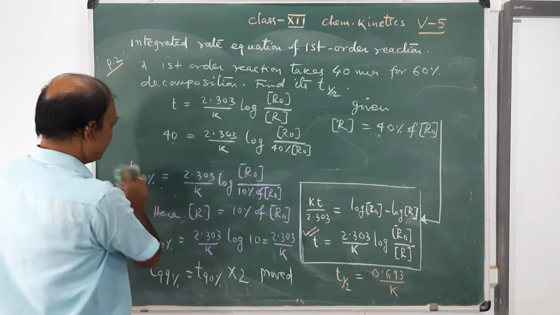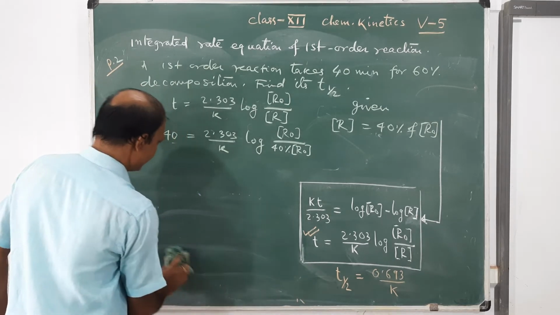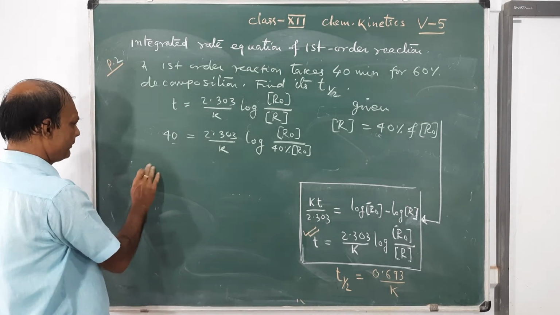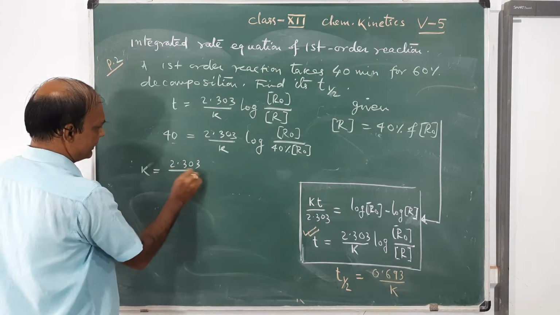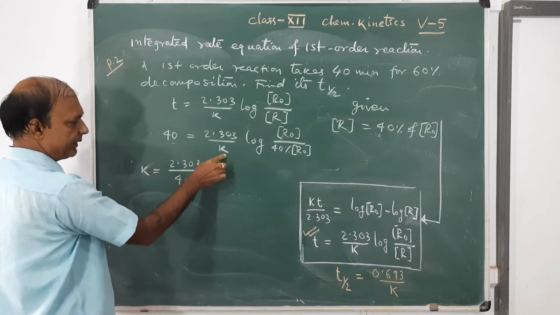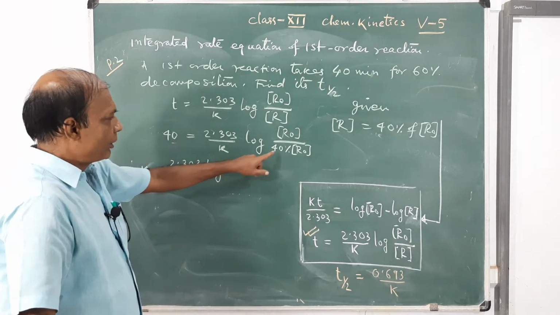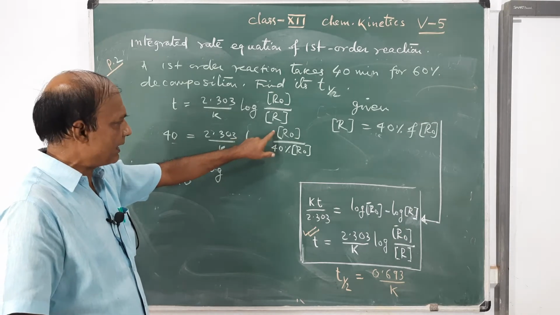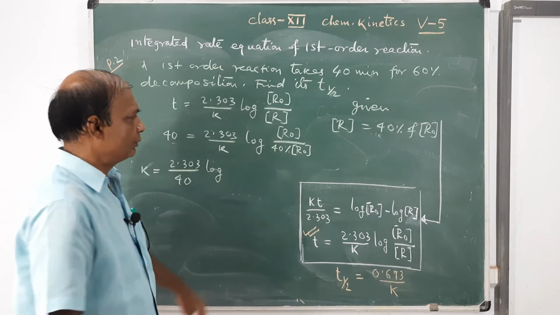Now continue. Therefore K equals 2.303 by 40, log of 40 by 100, so 100 will go up, 100 by 40, that is 10 by 4, which is 5 by 2.